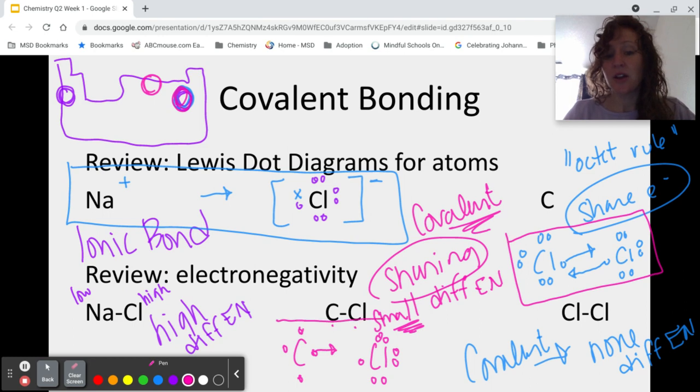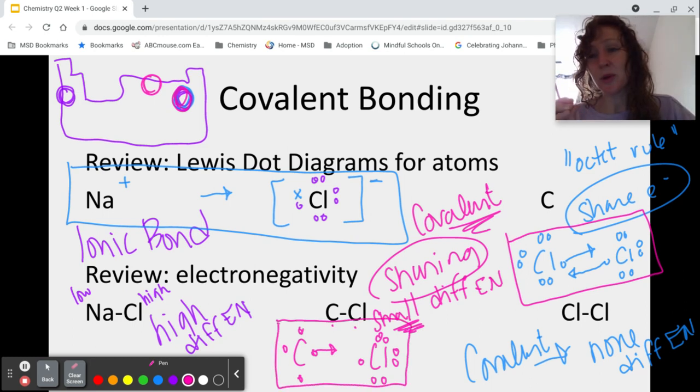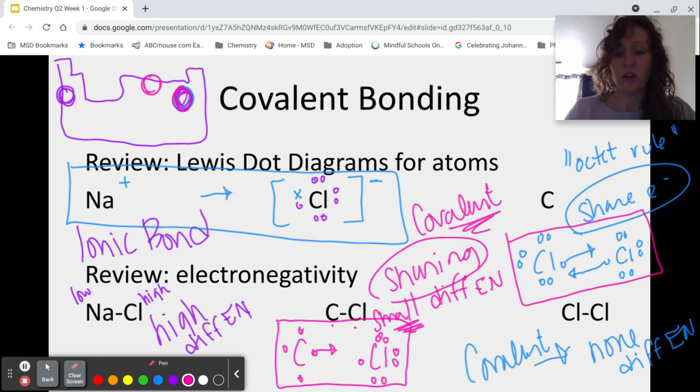Here we have unequal sharing. Chlorine does pull the electrons away from carbon a little bit, not completely, not enough to make a charge, but they do pull it away a little bit. And it actually leads us to something called a polar bond.